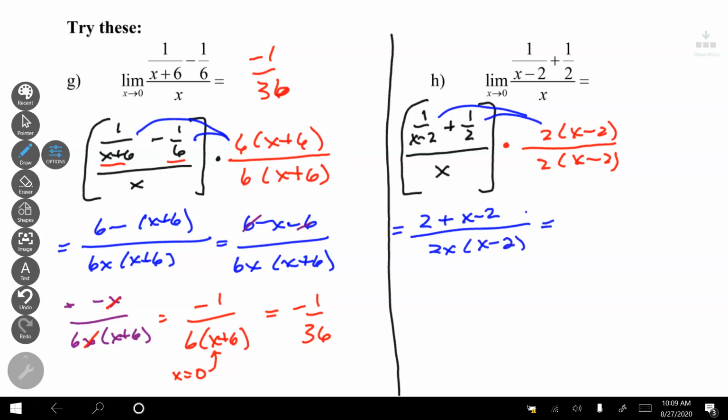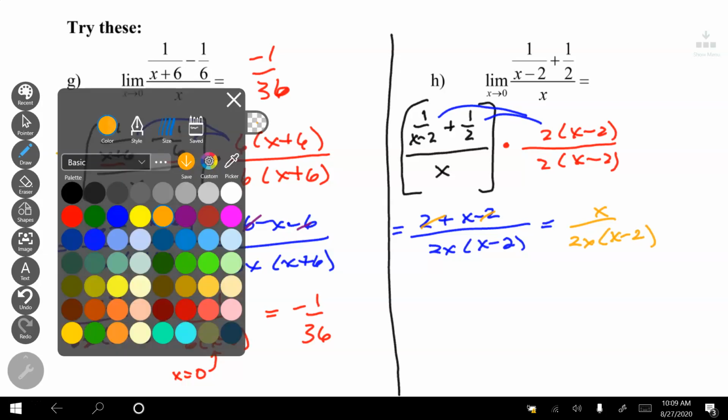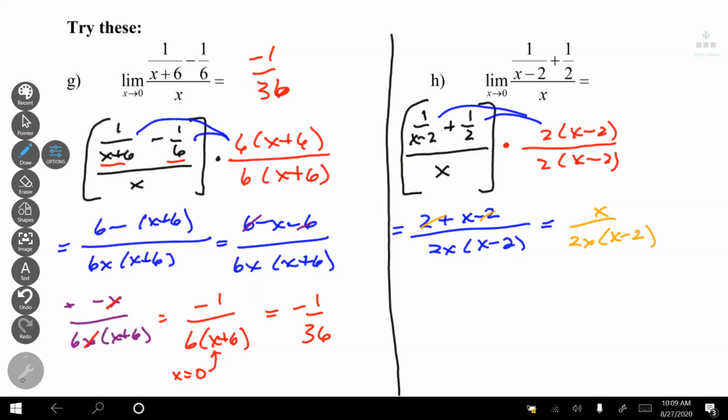And the numerator just becomes, these 2's cancel. I get x over 2x, x minus 2. And these x's cancel, leaves a 1 left over. Equals 1 over 2, x minus 2. And I'm using x equals 0. I get negative 1/4. So this whole thing is equal to negative 1/4.